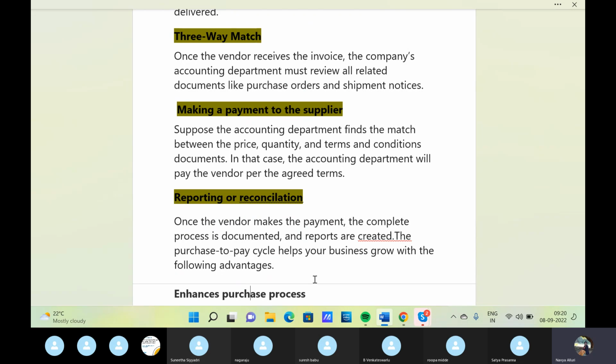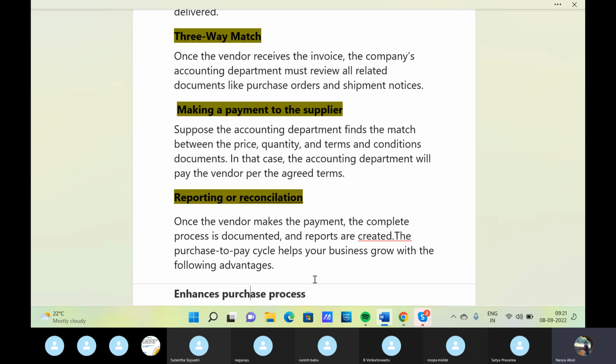After that check, they give approval of the payment. Reporting or reconciliation is where the accounting department pays the amount through bank or cash, depending on which type of payment the vendor needs.